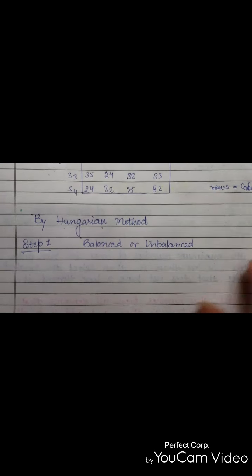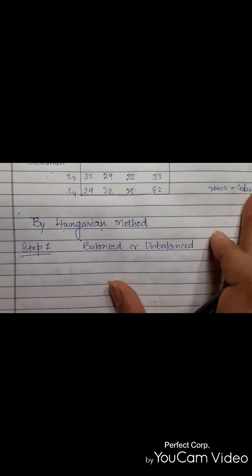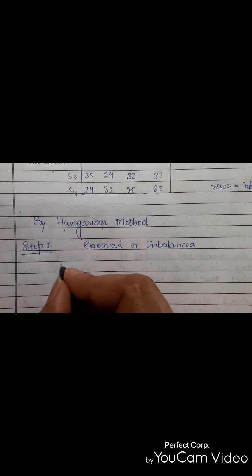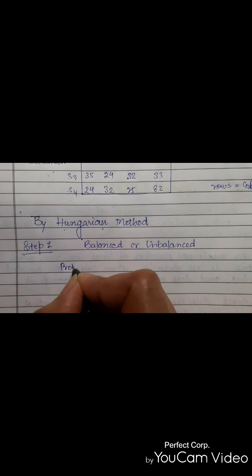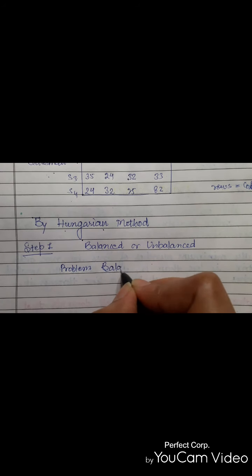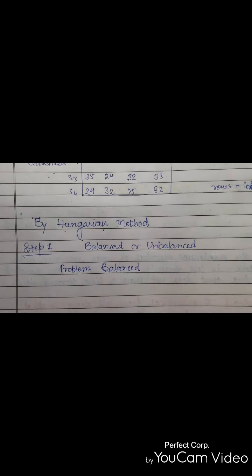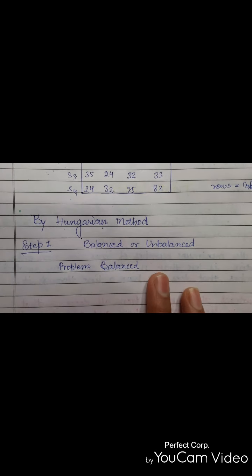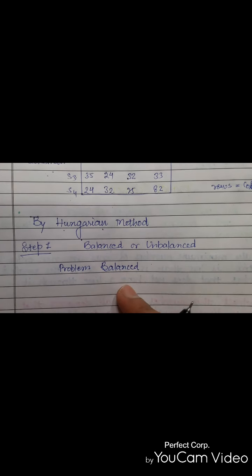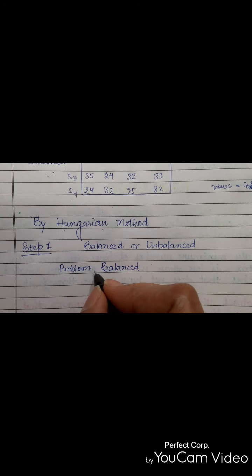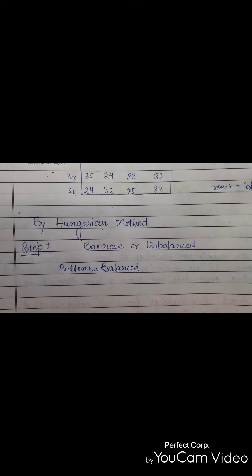Next, if the number of rows and columns are equal, at that time we say that the problem is balanced. तो ये problem कैसी है? Balanced assignment problem है. So we are not needed to make it balanced first. In the first step we found that it is a balanced assignment problem. Problem is balanced.